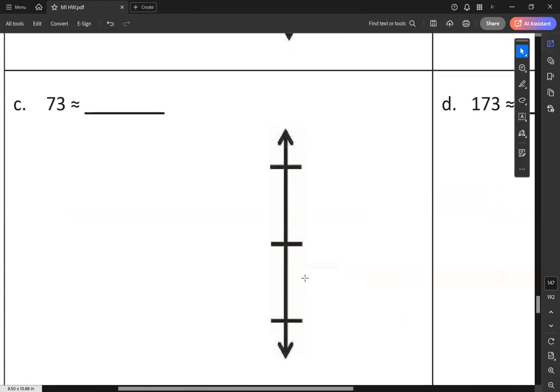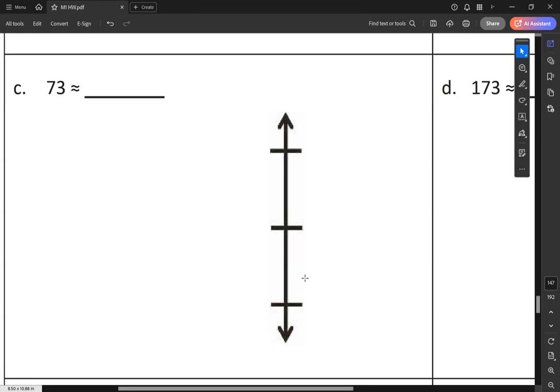Alright, C. 73, rounding to the nearest 10. So what two tens is 73 in between? It's in between 70 and 80. Halfway point is 75.